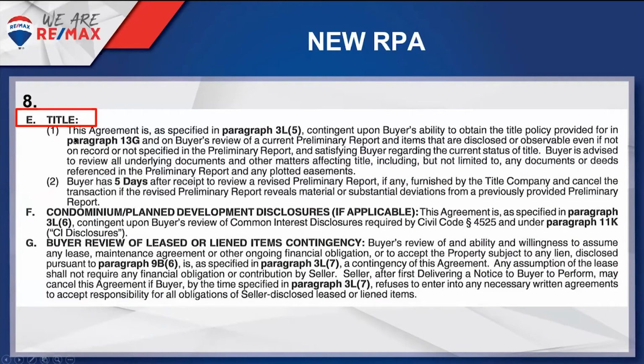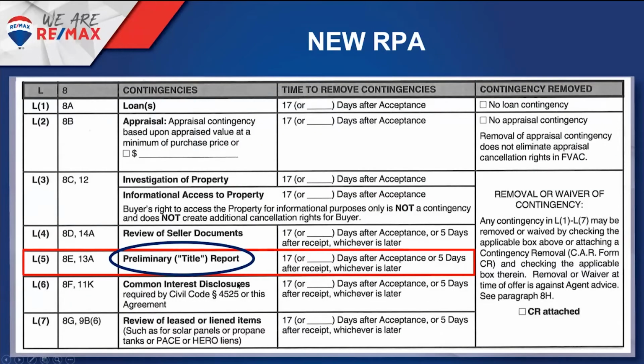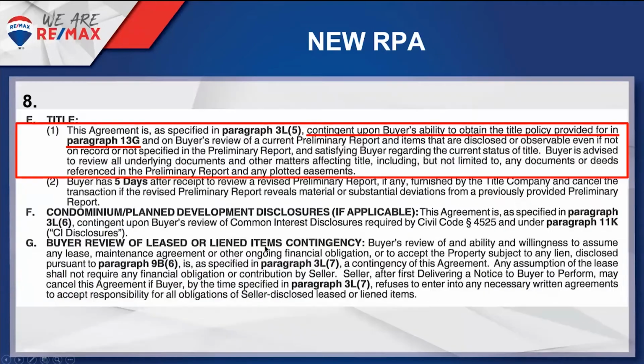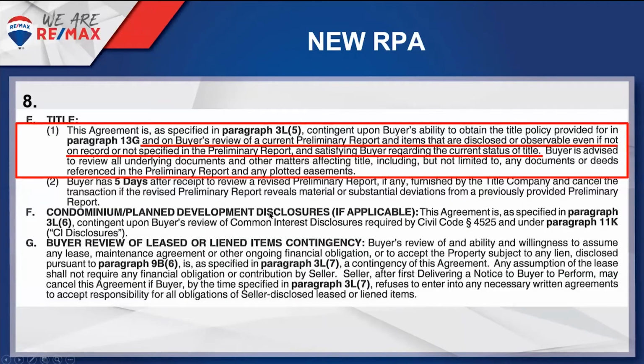Okay, the next contingency is title. And so this agreement, as specified in 3L5, a preliminary title report contingency, is contingent on the buyer's ability to obtain a title policy as specified in 13G. We won't get there today, but 13G talks about the title policy, and we'll talk about that next time we meet.